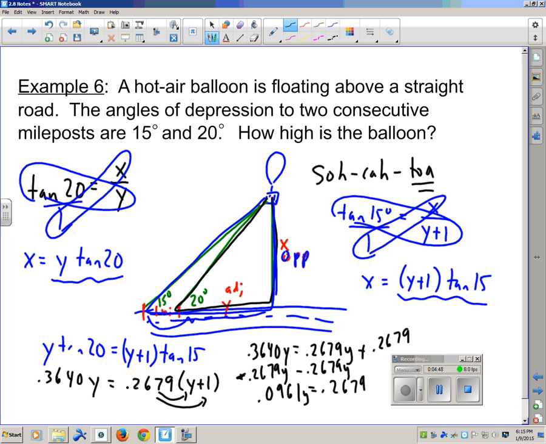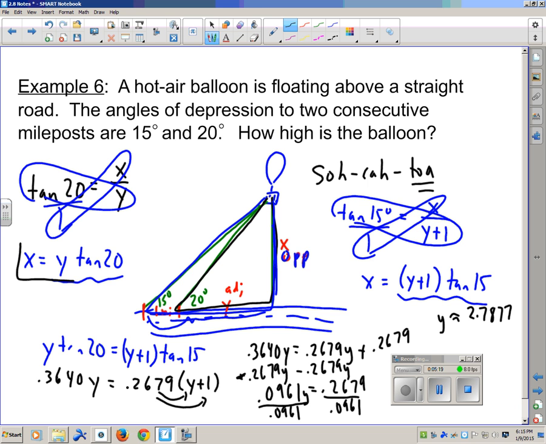So now I'm still solving for y, so I've got to divide by 0.0961. So 0.2679 divided by 0.0961, and I end up getting y is about 2.7877 for now.